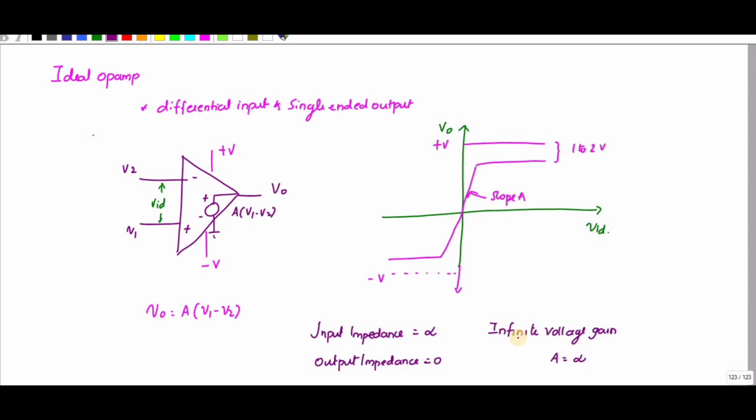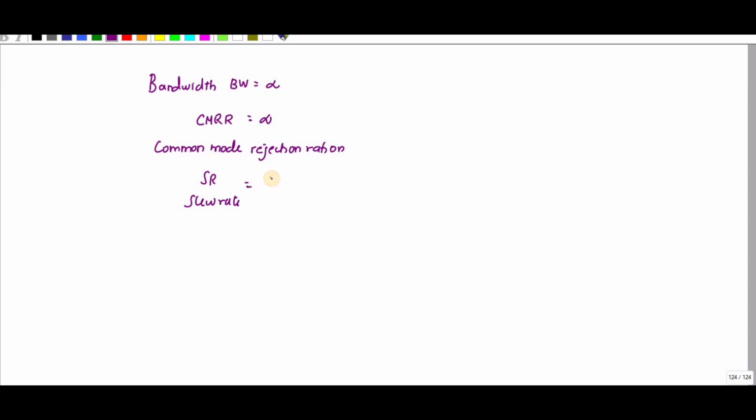Then the value of bandwidth is also infinity. Then CMRR, common mode rejection ratio, this is nothing but AD by AC, that is also equal to infinity. Then slew rate is also equal to infinity.